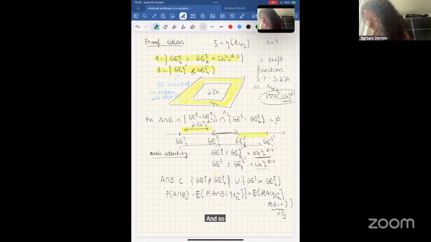And so at the end, you get that the probability is larger than 1/2 of the probability of A, and this is larger than 1/2 the probability of the same thing without the H, intersected with G eta.